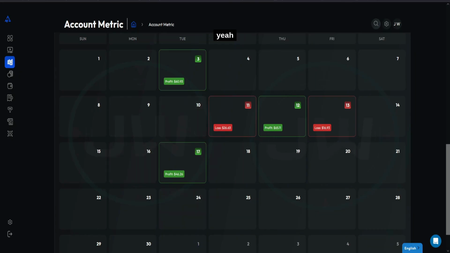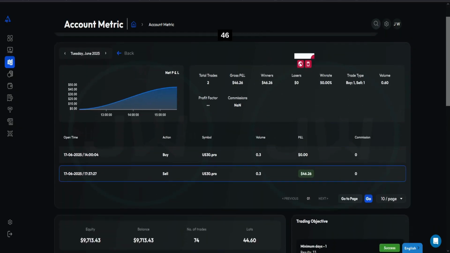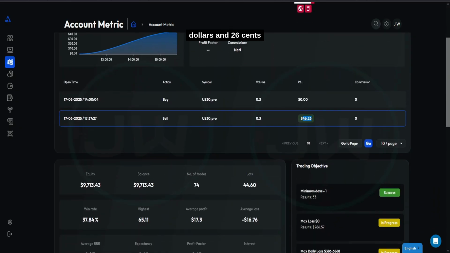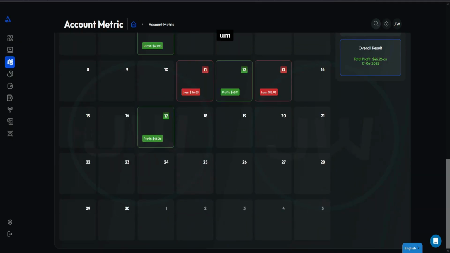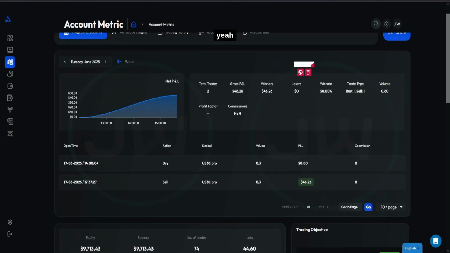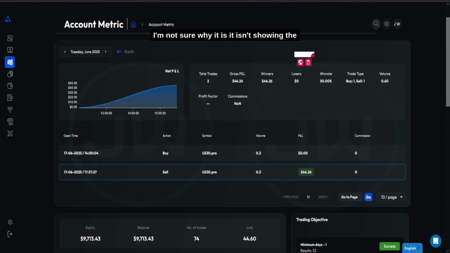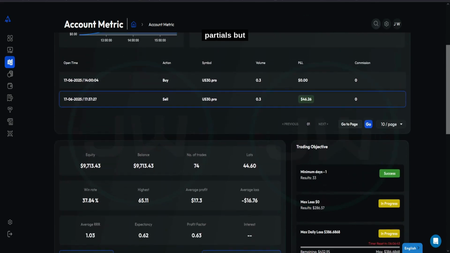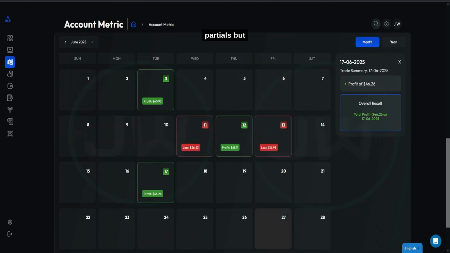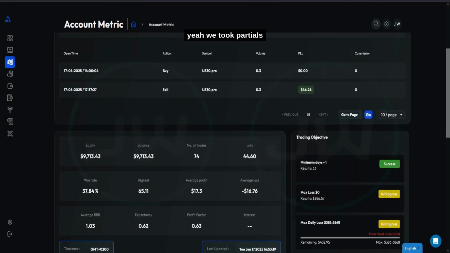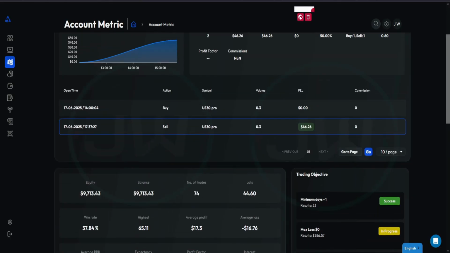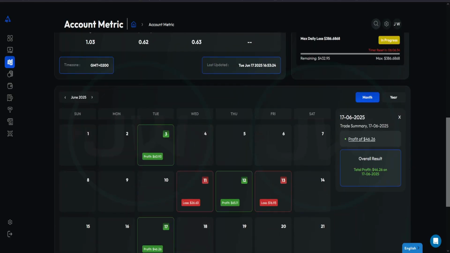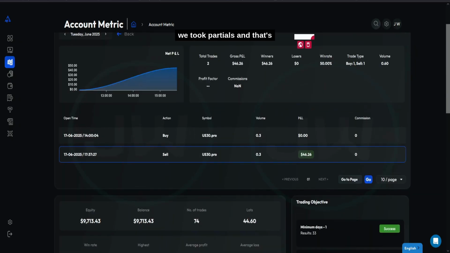So yeah, we ended up with $46.26. I'm actually not sure why it isn't showing the partials, but we took partials.